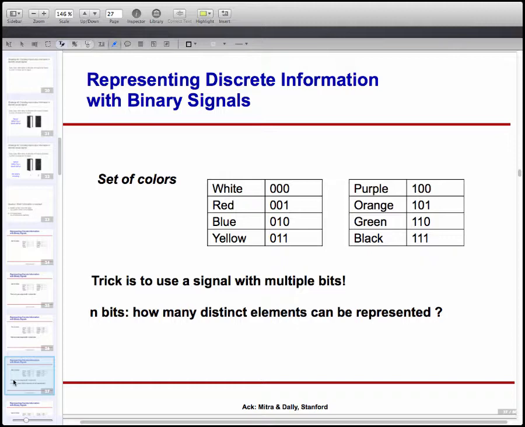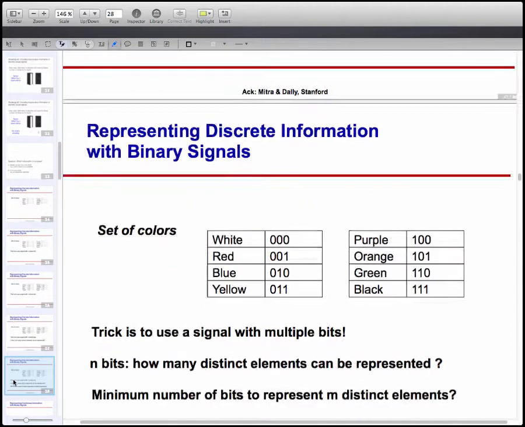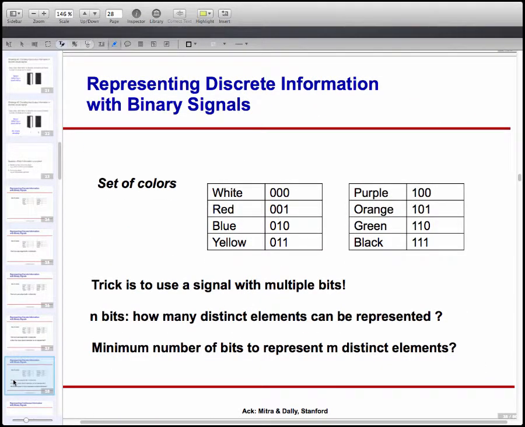So that's why we get the log to the base 2 in the reverse direction. The minimum number of bits to represent m distinct elements is, so let's write it down.